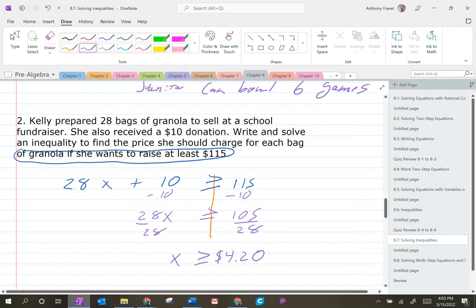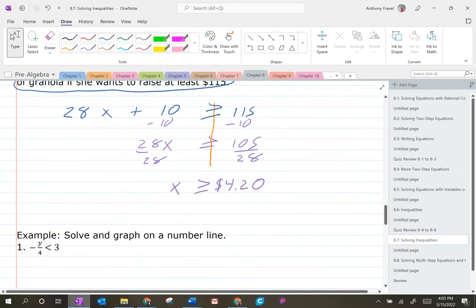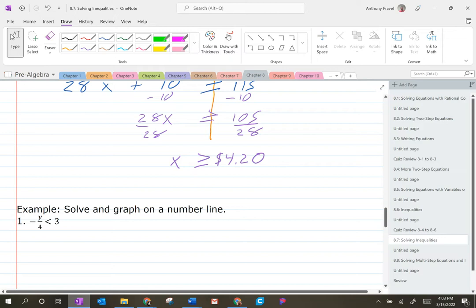So it lets me know that she needs to charge at least $4.20 per bag. She can charge more than that, but she needs to charge at least $4.20 per bag. All right, there's my problems there.